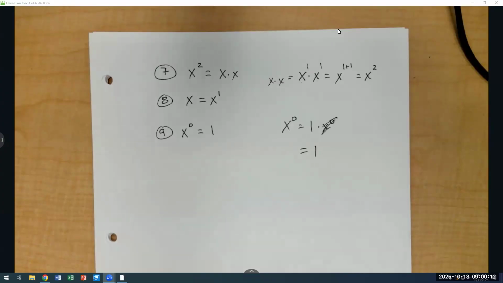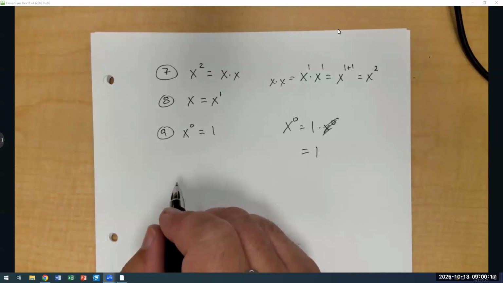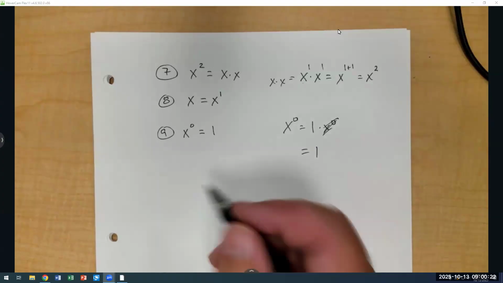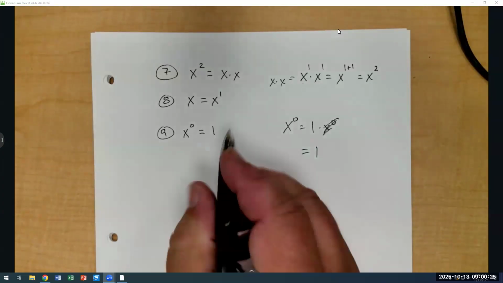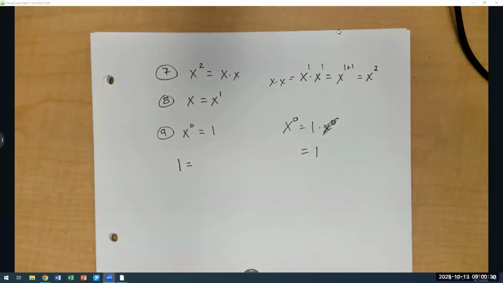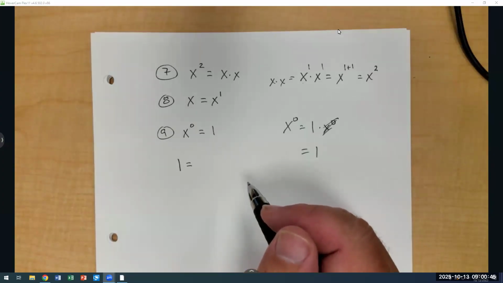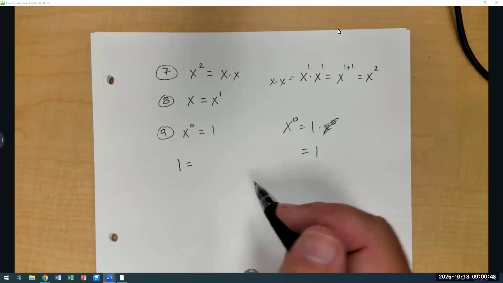But the proof is this: you have to use the rules we discussed so far to prove this. The only thing we can prove right now is what 1 equals. What equals 1 all the time? 1, that's true, but what else? Just x? Can x be anything other than 1? Yeah, x is a variable.